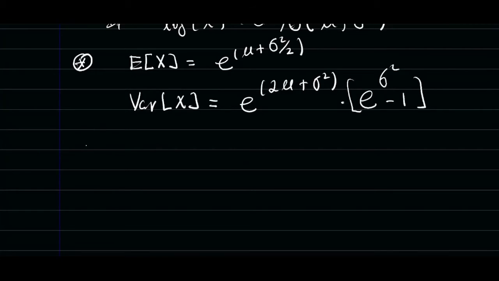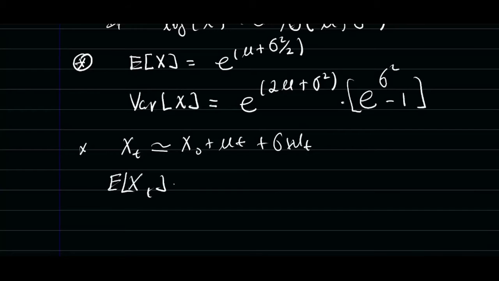Now recall that the linear Brownian motion is given by x naught plus mu times t plus sigma W t. Here, if we calculate the expectation of this X t, you will get x naught plus mu times t, because the expectation of the Brownian motion is 0.